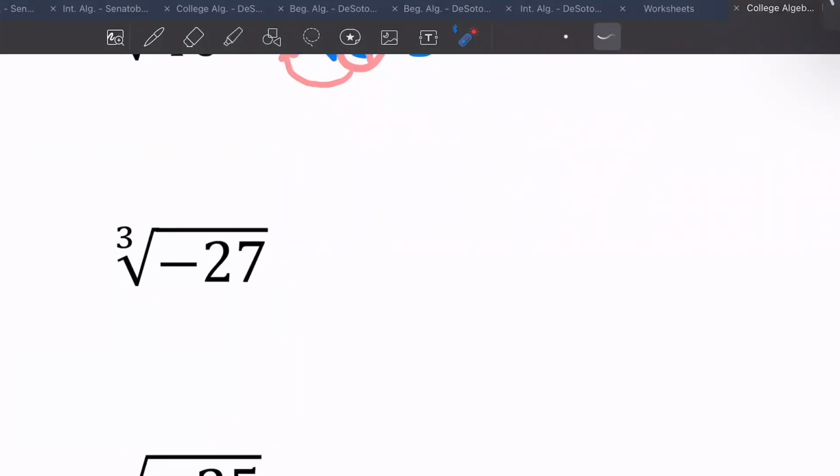The cubed root of -27: this is odd, so we're okay, and it gives us -3.